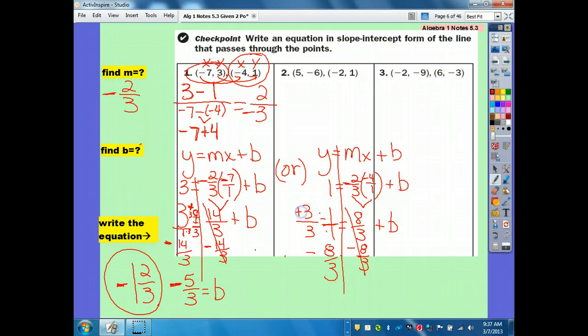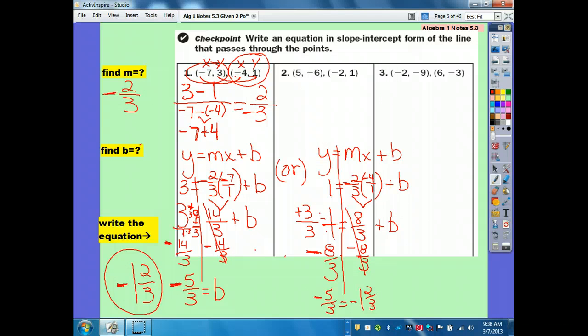So we have a positive 3, a negative 8. Fight or no fight? Fight. Negative wins by 8 and 3. 5 over 3, which again equals a negative 1 2/3, no matter which way you do it. Okay.